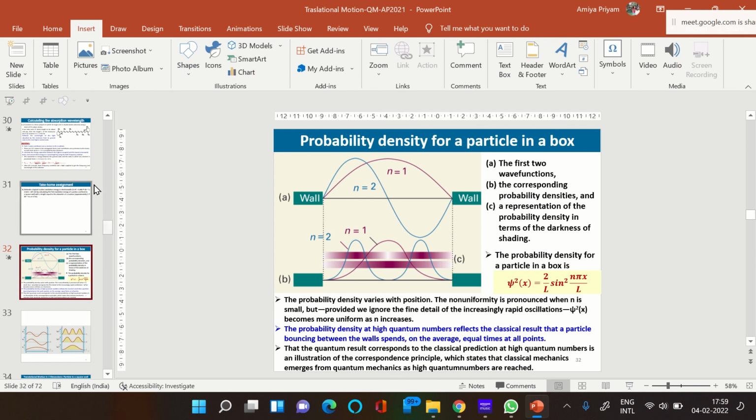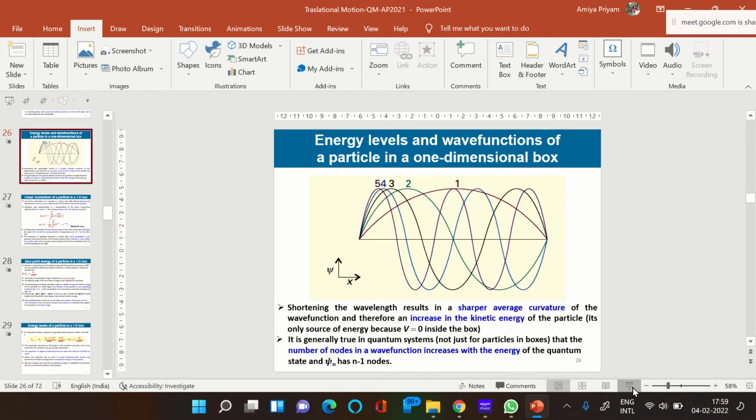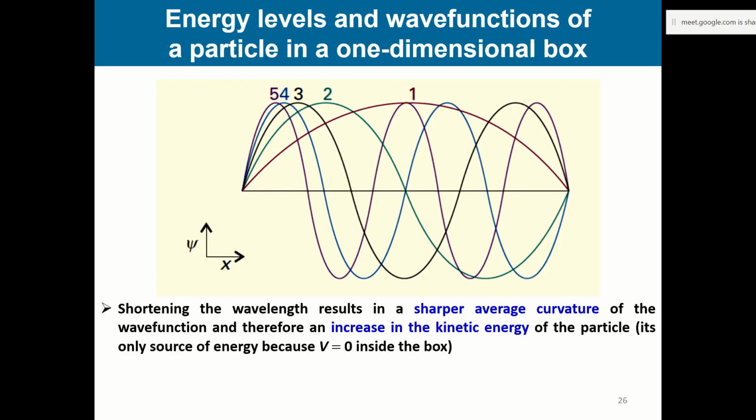if you think of the previous curve that we had here, yeah, this one. So remember this curve, n is equal to 5 was plotted. So look at the n is equal to 5. If you square this, you will get the probability for finding the particle when it has energy corresponding to n is equal to 5. So it will have probability here, the square of this function, it will be also here, third here, fourth here. So you will have many points where it will have equal probability of being found out.